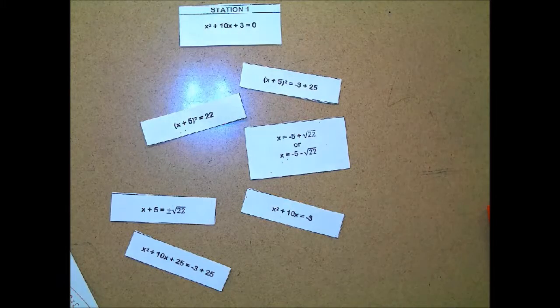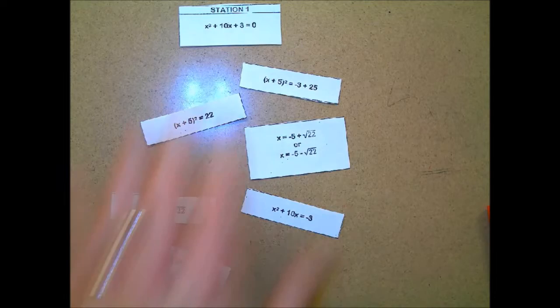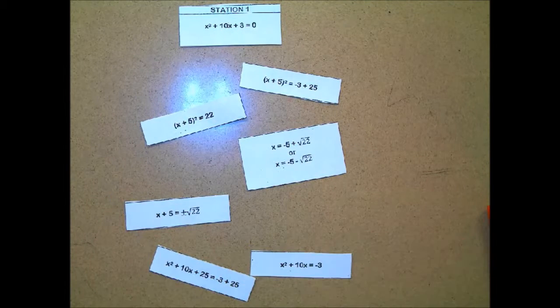Okay, so what I want you to do is, here, Grayson, sorry. What I want you to do then is take your steps here and put them in the correct order for completing the square for your problem, okay? So you have all these steps here.